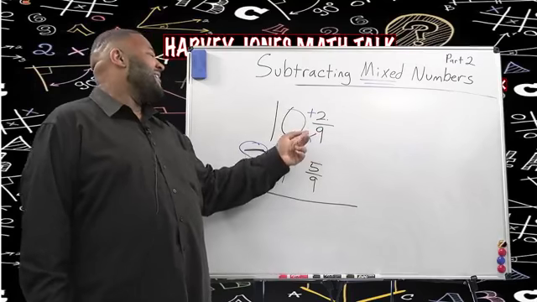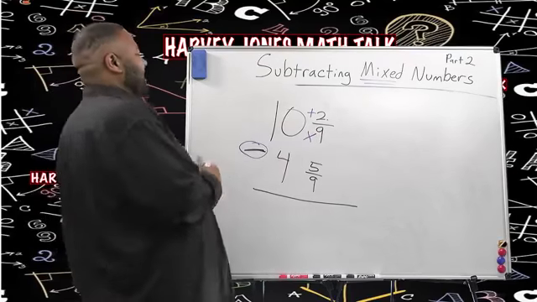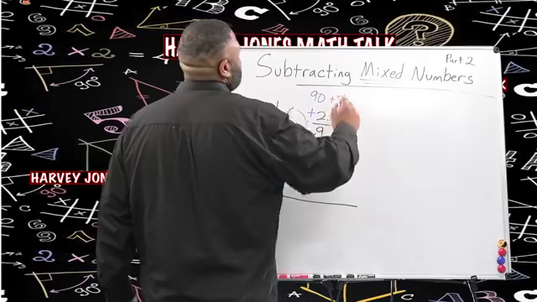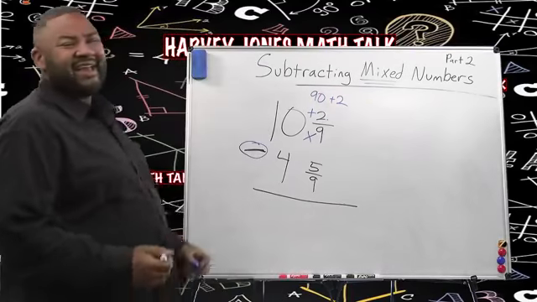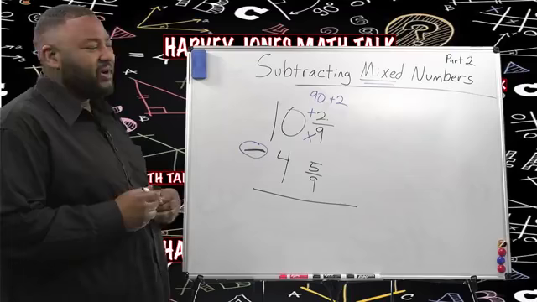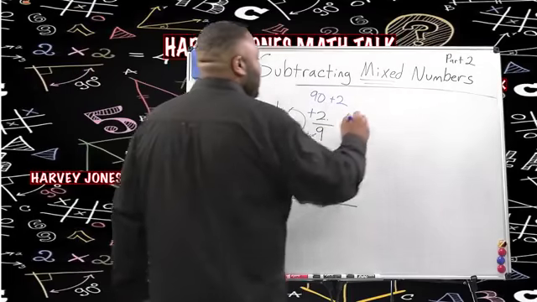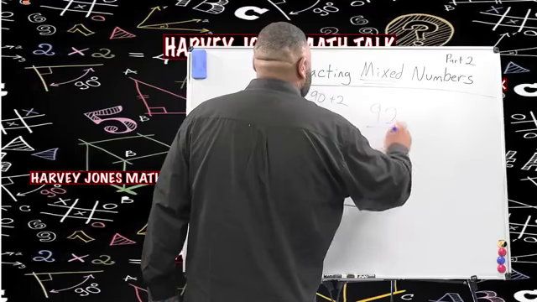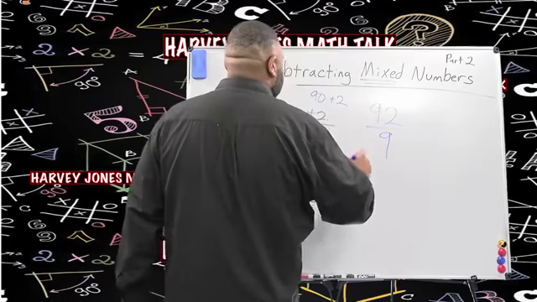And that's 9 multiplied by 10, which is 90. Plus 2. What are we adding? You're adding the top number, which is your numerator. So that'll be 92. And our denominator is 9.